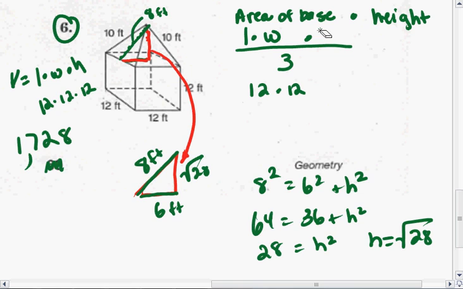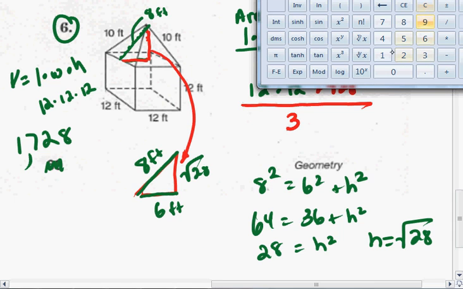Let's put that right into the formula. So my height is the square root of 28. That's the last piece of information I needed for my formula for the pyramid. I'm going to multiply 12 times the square root of 28 and then divide it by 3. So let's start with the square root of 28.